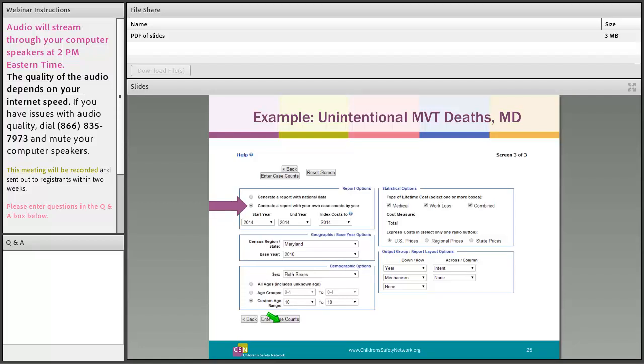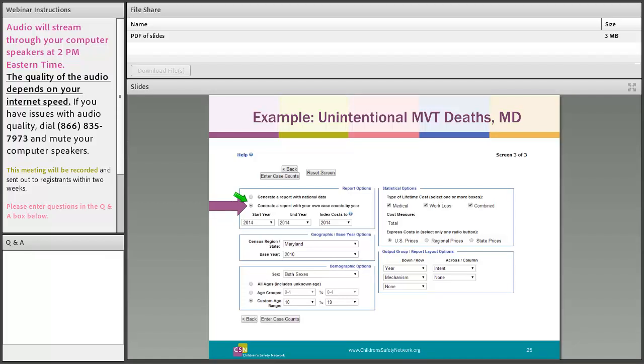You'll see we've been relying on the generate reports so far with national data, but here you're allowed to generate a report with your own case counts. And in this instance, you would have to specify the year of the data because you're providing your own data. The module doesn't know, so you have to share that information.